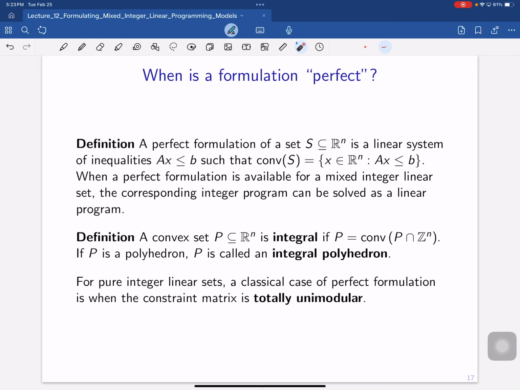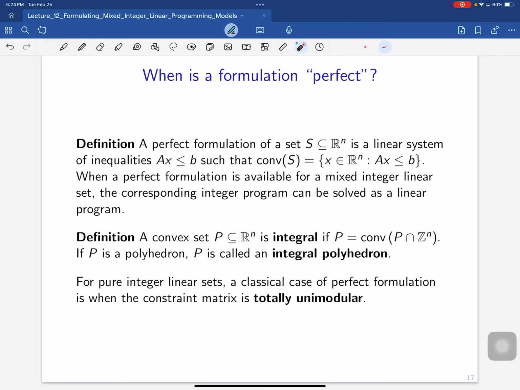Okay. So here's another definition: a convex set P is integral if P equals the convex hull of P intersected with integrality constraints. Basically it says even if you add the integer constraint and take the convex hull, you still get the original set P, right?